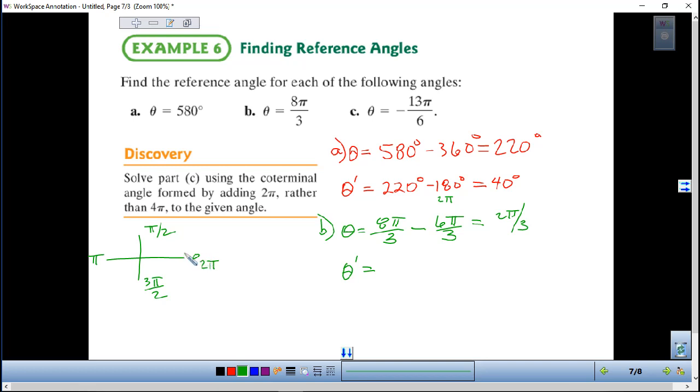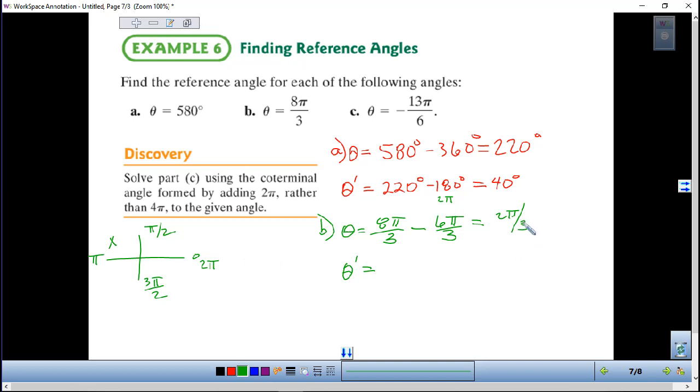Is it going to happen between 0 and 1/2? No. It's going to happen between 1/2 and 1? Yes. 2/3 falls in quadrant 2. So you're just checking to see what quadrant it is, just looking at the fractions, not worrying about the pi itself. If there's not a pi in it, that's another story. We already dealt with an example of that. But if there is a pi, just ignore it and look at the fractions.